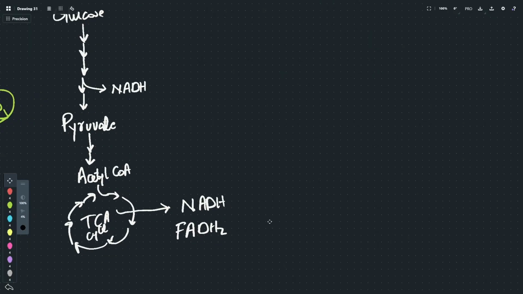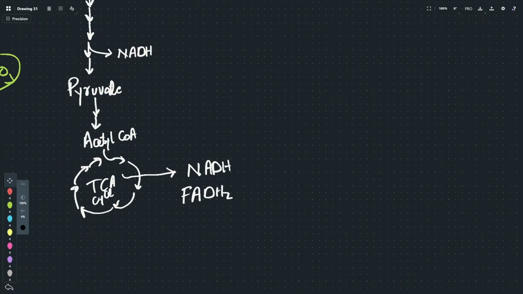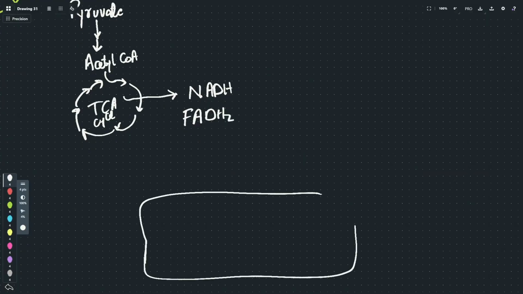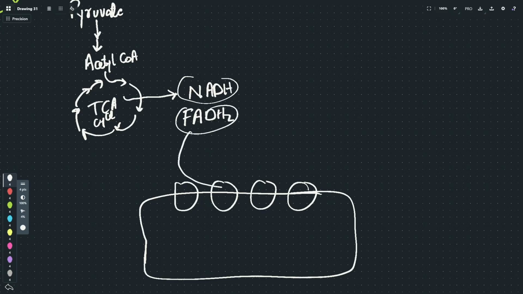Now this NADH and FADH2 are like bank checks. In mitochondria there is something called the electron transport chain, and these FADH2 and NADH will go to the electron transport chain, and they will be converted to NAD positive plus FAD.